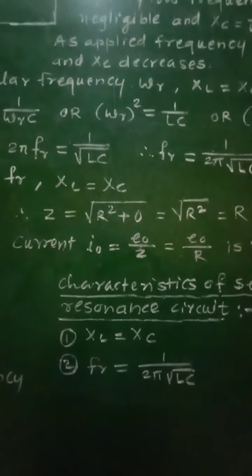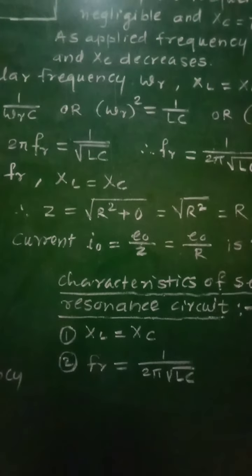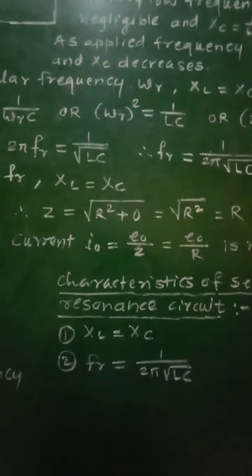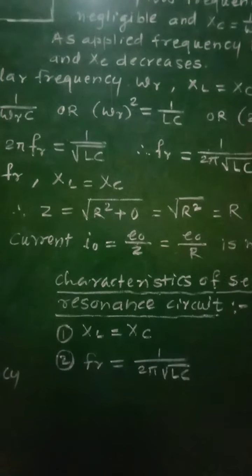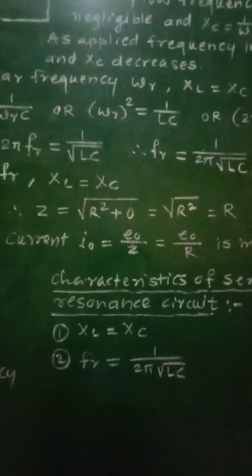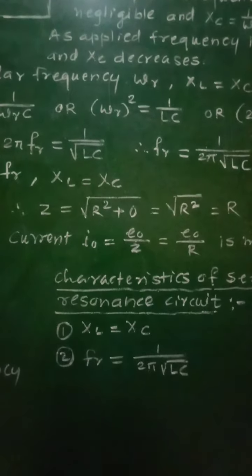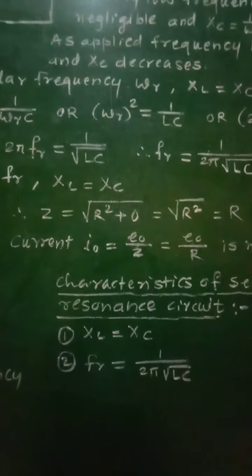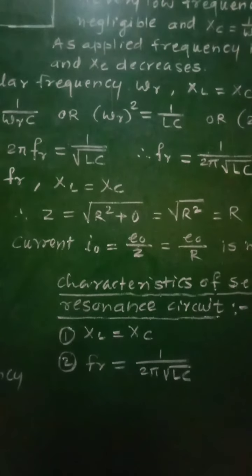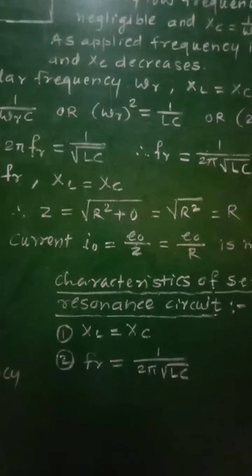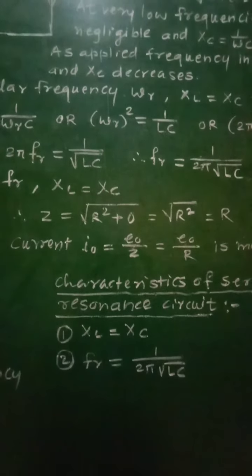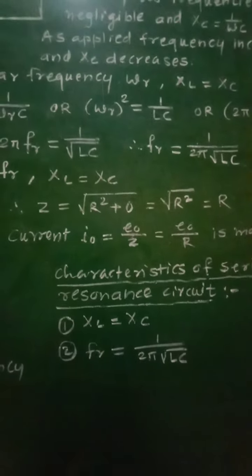And as it is purely resistive, we know that for a purely resistive circuit the voltage and current are in the same phase. Therefore, for this circuit at resonant frequency, as the circuit is purely resistive, the voltage and current are in phase, and the current in that circuit will be maximum.